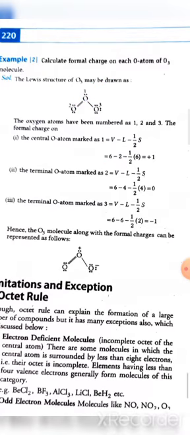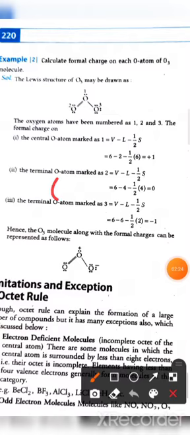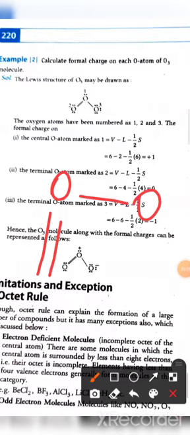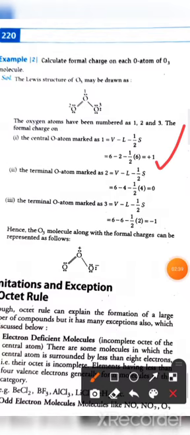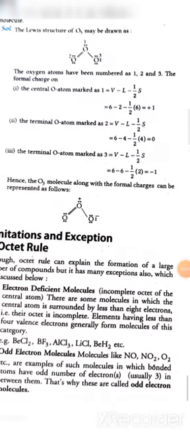You can see it like this in the molecule. So S is equal to 6. In this way you can write and calculate. This is the formal charge on the number 1 oxygen atom. Just like that, you will calculate for number 2 and number 3.